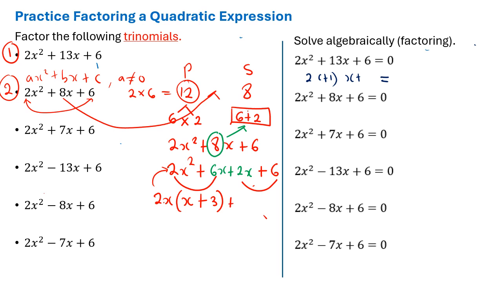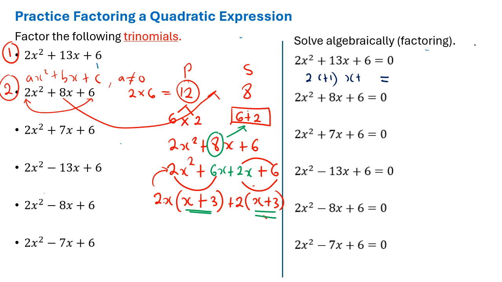For 2x and positive 6, notice that 2 is the factor of 2x and 6. So I'm going to factor that 2 out, and I'm going to have x plus 3. If we're good, then we should have x plus 3 and x plus 3 overlapping. But if you choose the wrong factors, they would never overlap, and you know there's a problem.